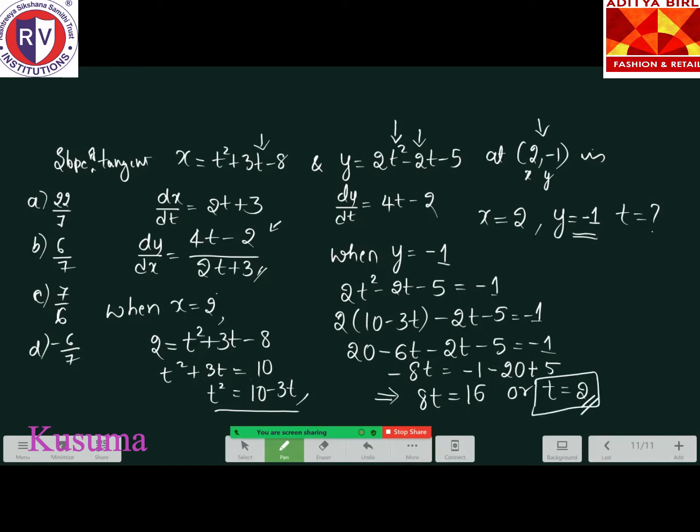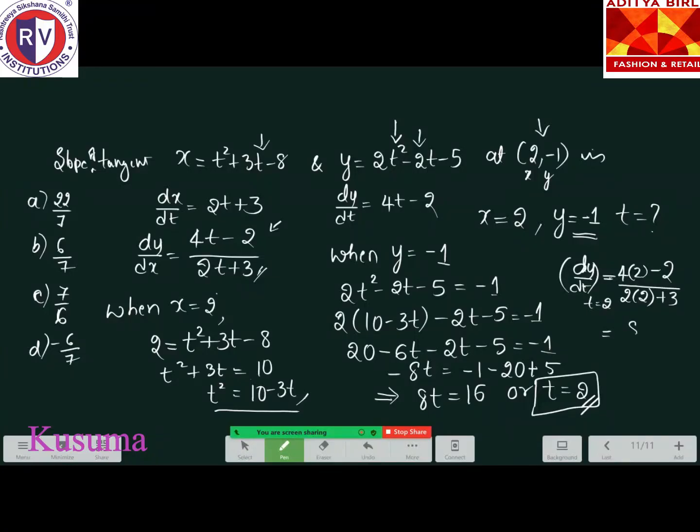Now let us find out dy by dx at t is equal to 2. That will be the slope of the tangent. Okay. So here, dy by dx at t is equal to 2 will be 4 into 2 minus 2 divided by 2 into 2 plus 3. Now let us simplify this.